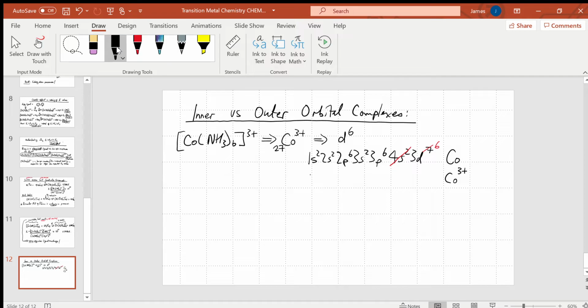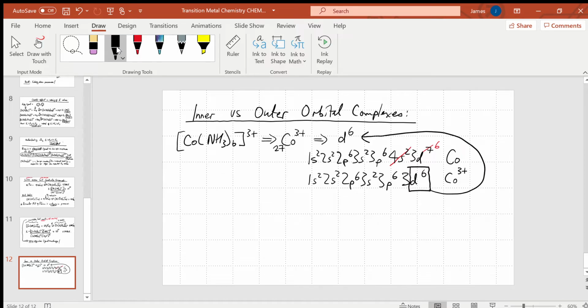So this would be 1s2, 2s2, 2p6, 3s2, 3p6, 3d6. So this is why we're saying it's a d6 complex. Okay, so we have this complex.